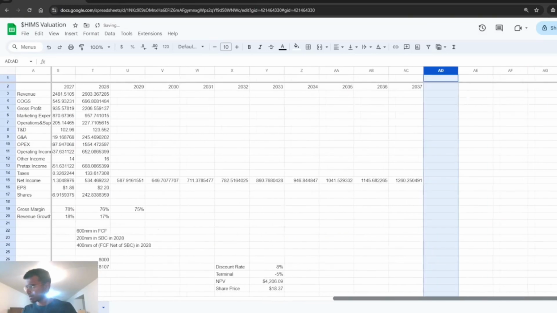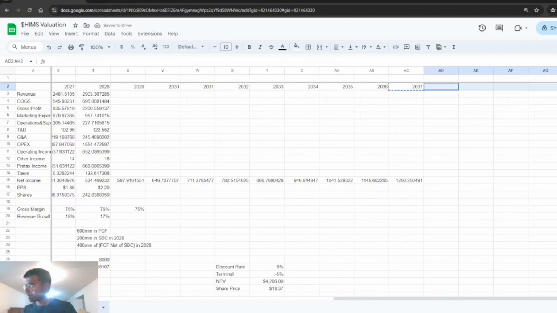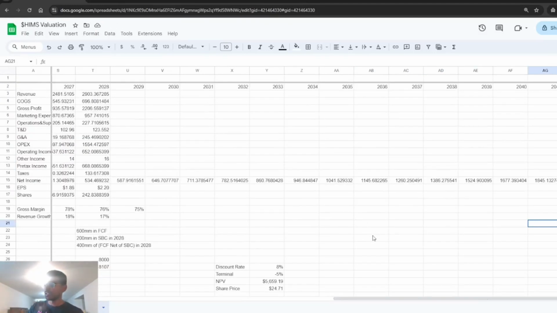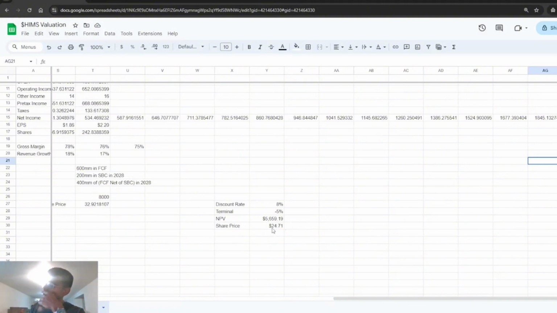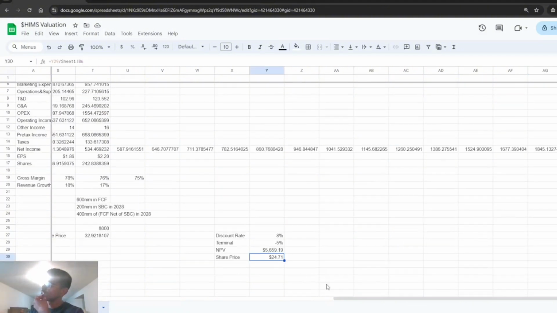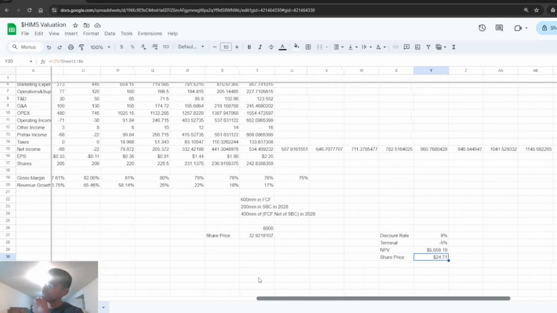I need more columns here. That's not enough years for a proper present value calculation. It gets more accurate the more years you have. If you do this into perpetuity, and discount it from 2042, I'm getting a share price of about $25. And if I just do some quick back-of-the-hand math, I'm getting around $33 a share.